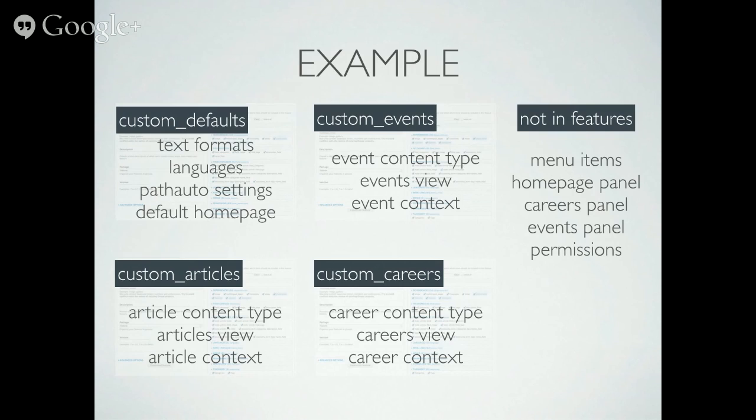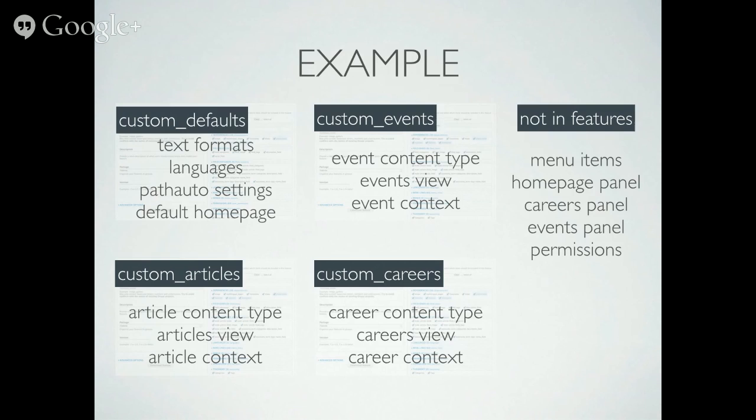The homepage panel, if you have a panel that you're using for the homepage, that's something that you probably don't want to put into features if it gets updated. It probably has some content in it as well, maybe some custom content panes, or even just the layout. It's something that might need to get changed quickly.